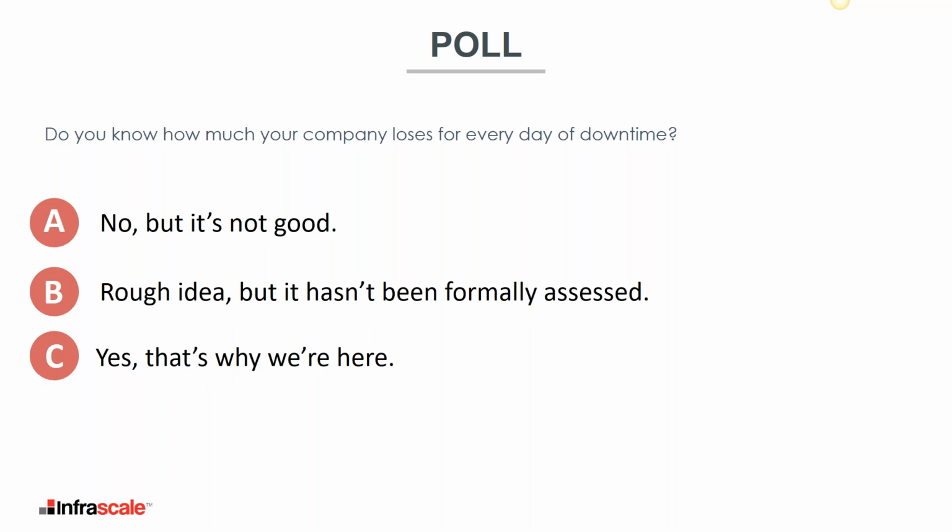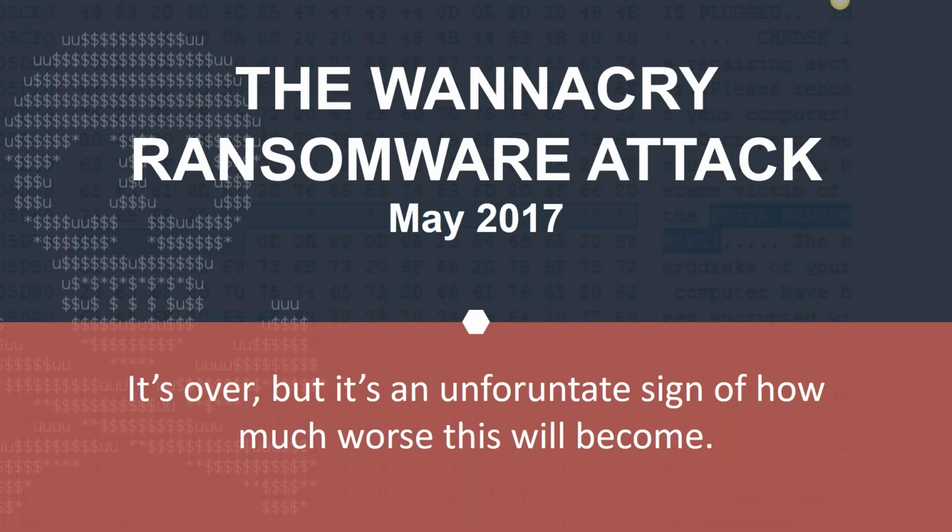In this poll we just did, some of the big attacks that we might know from the news are the WannaCry attack. This was big because it was unique in that it used an exploit that was being used by the U.S. government, one of 18 exploits that were stolen and then sold on the black market.